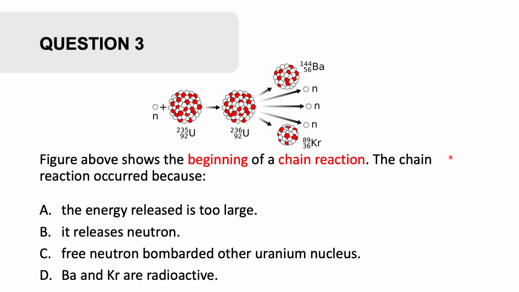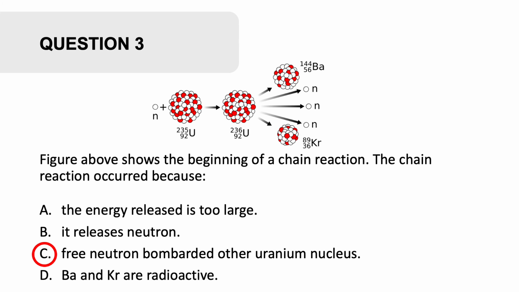Now, the figure above shows the beginning of a chain reaction. The chain reaction occurred because, so this question asks us what caused the chain reaction to happen. So, from our lesson throughout this video, we will definitely know that the answer is C. Free neutron bombarded other uranium nucleus.